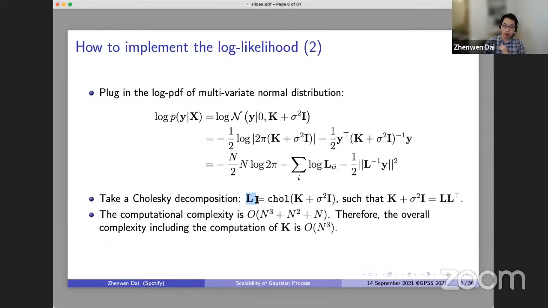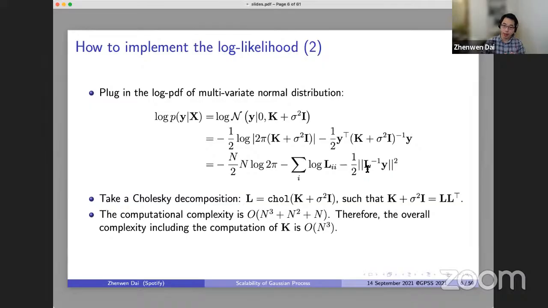The relation between the lower triangular matrix and the original covariance matrix is that the covariance matrix equals L times L transpose. If we plug L L transpose into the second term on the right-hand side, we get a symmetric structure, which results in an inner product of two vectors, and we can rewrite the inner product as the L2 distance of the vector L inverse y.